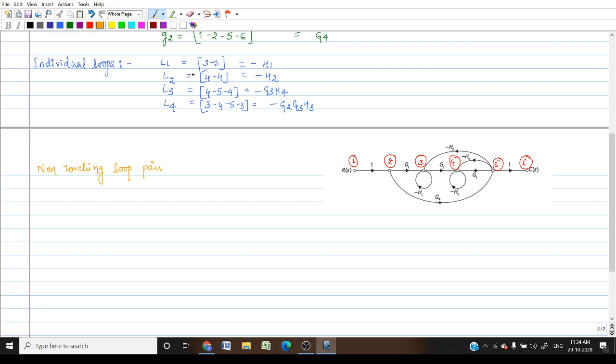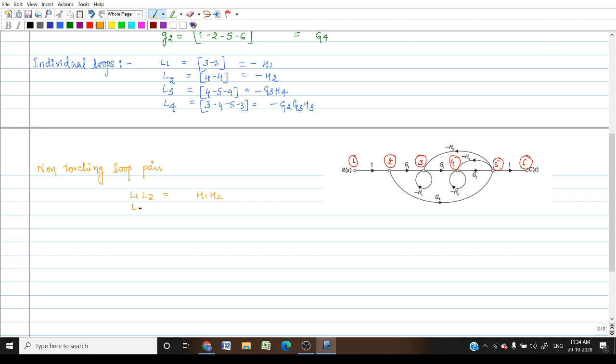Based on L1 and L2, L1 and L2 is one non-touching loop pair. So we have L1, L2, and the gain is the product of these two, H1 into H2.